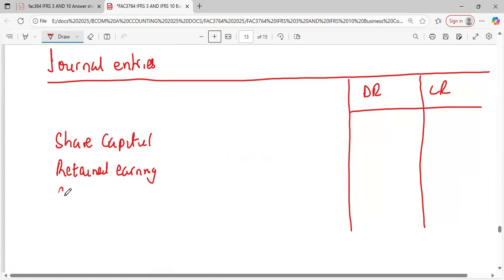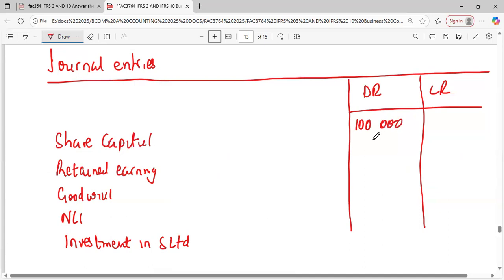The goodwill. Then we have our NCI. So our share capital is 100,000 here.